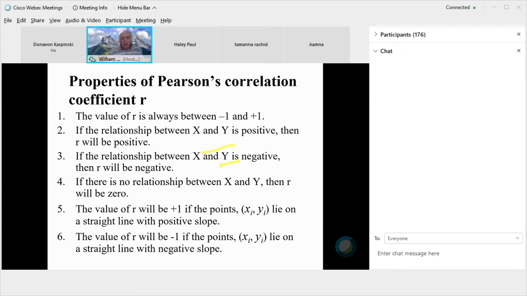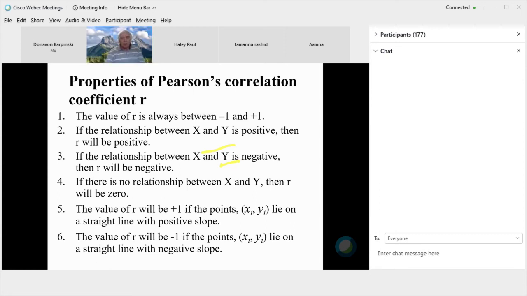You can also show that if r is exactly equal to +1, the points xi, yi lie on a straight line with positive slope. If the value of r is -1, the points xi, yi lie perfectly along a straight line with negative slope.